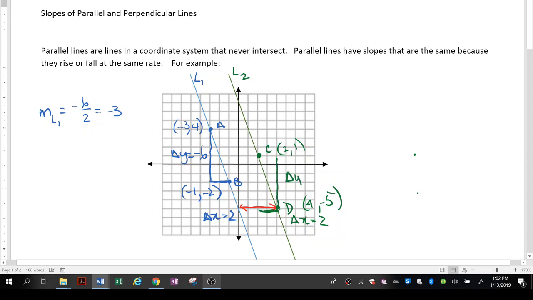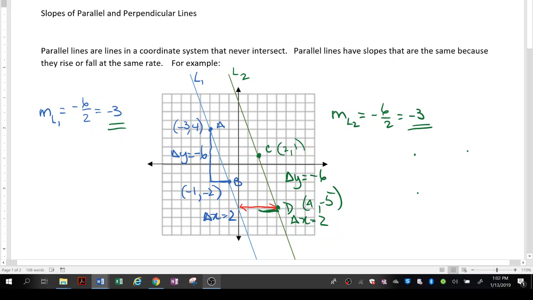Our change in y is -6. So the slope of the line L2 is the change in y over the change in x, which is -6/2 or -3. So you'll notice that these two slopes are exactly the same.